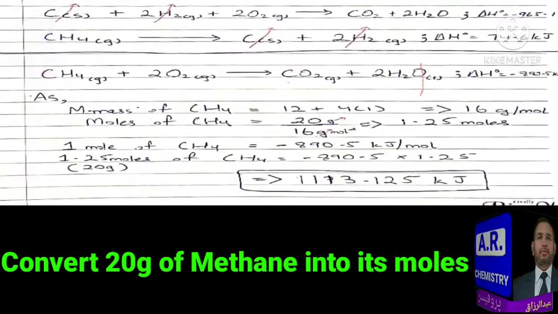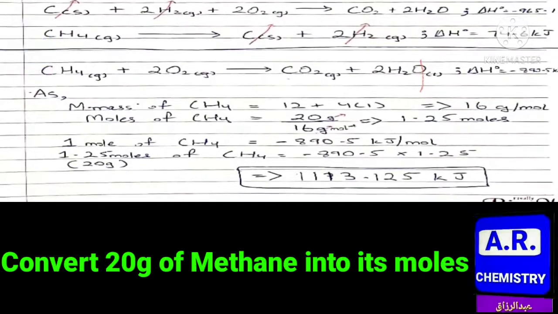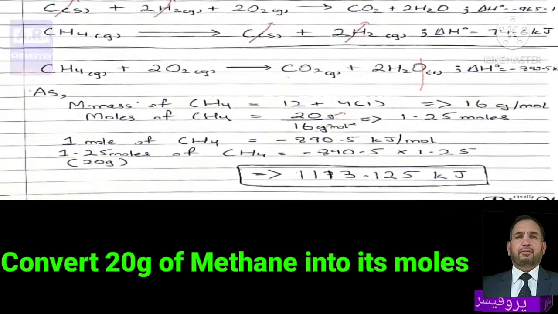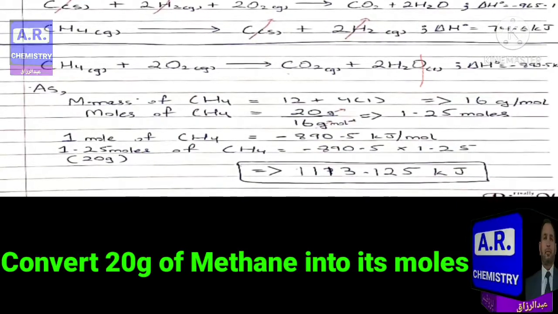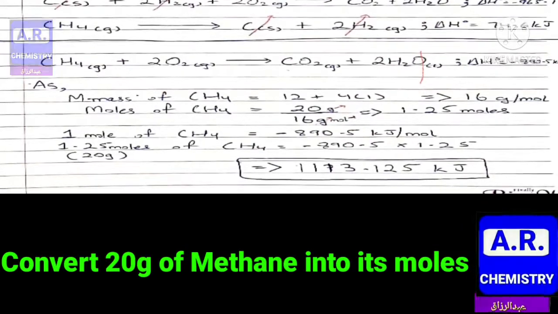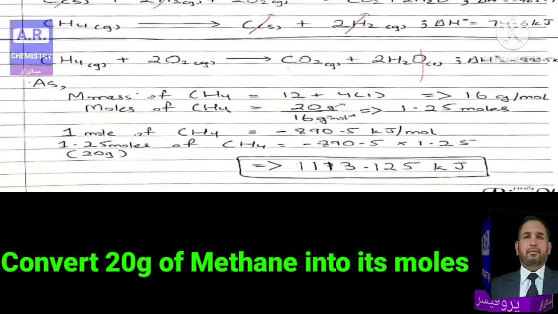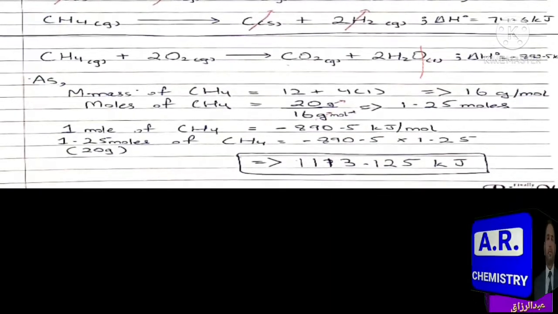So when you divide 20 grams by 16 grams, you get the number of moles of 20 grams of methane, which is 1.25 moles. Now the third stage of the question.